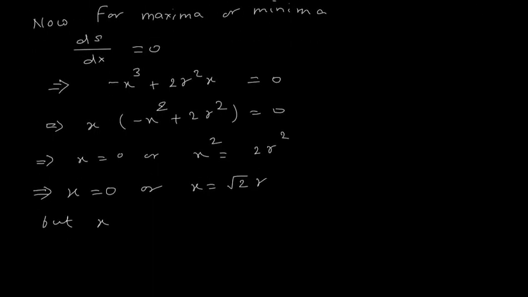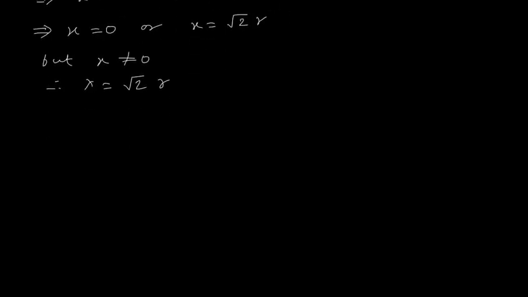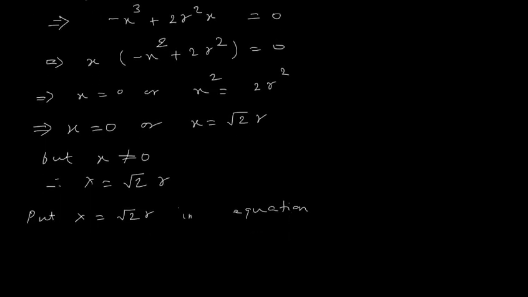So x cannot be equal to 0, therefore x is equal to root 2 r. Now put x equal to root 2 r in equation 4, that is second derivative in equation 4.